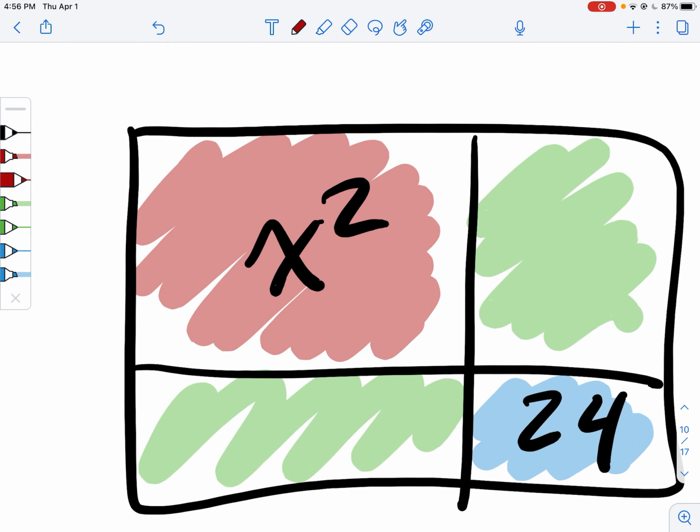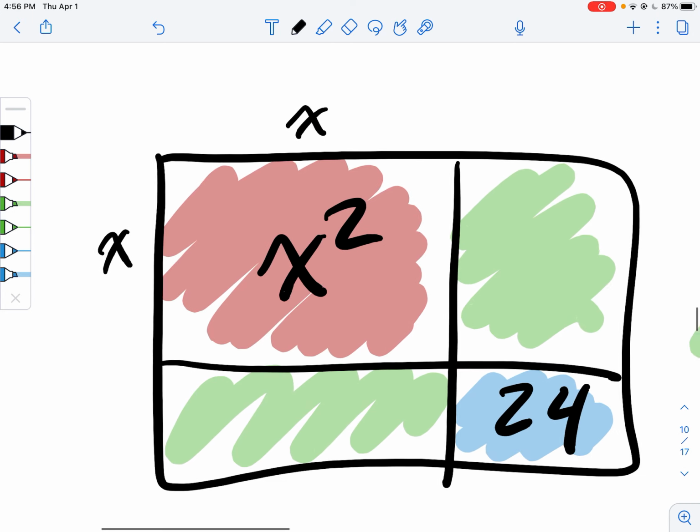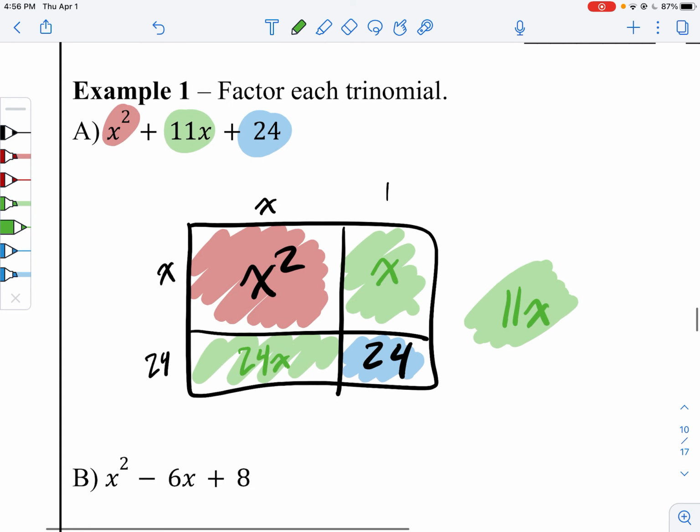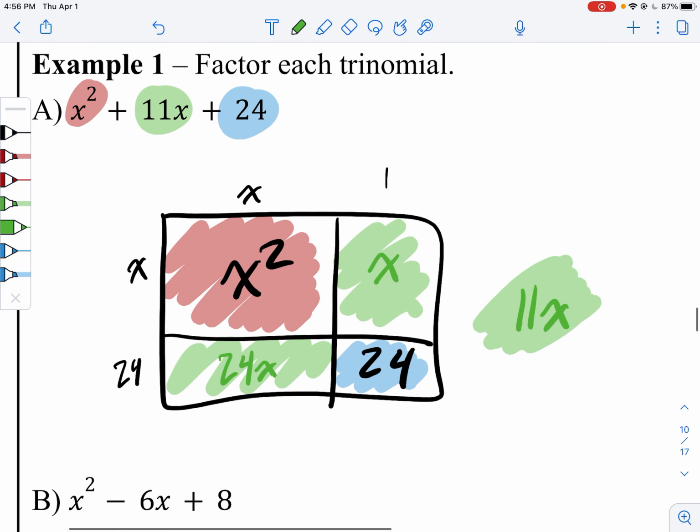Well, there's only one answer there, and that's x times x. Now, what multiplies to get 24? We could do 1 and 24, but that would give us in this box an x and then a 24x. And that doesn't add up to 11x. That adds up to 25x, so that's wrong.